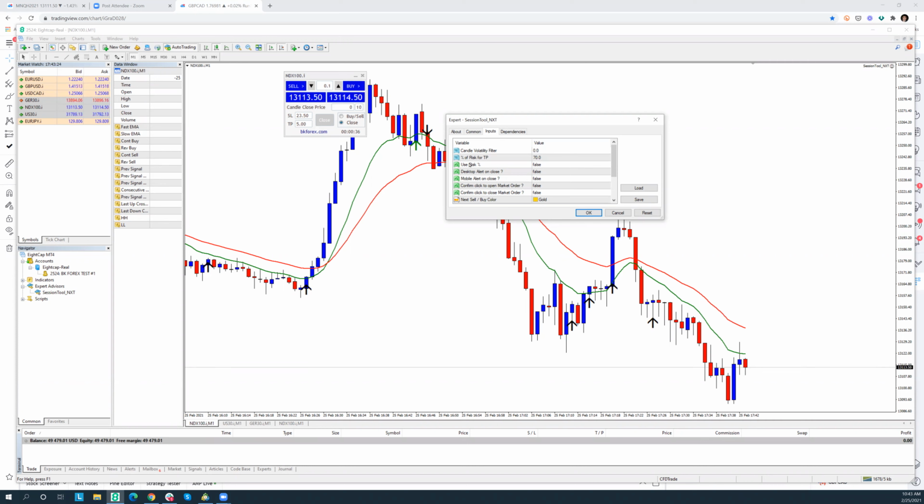Then we'll add one more thing, which I call candle strength, and that will only enter trades if, for example, you see this buy candle? This buy candle closed 80% or 90% to the high. We want to make sure we're not buying a buy candle that only closed 20% to the high, where it closed over here and this was the high.